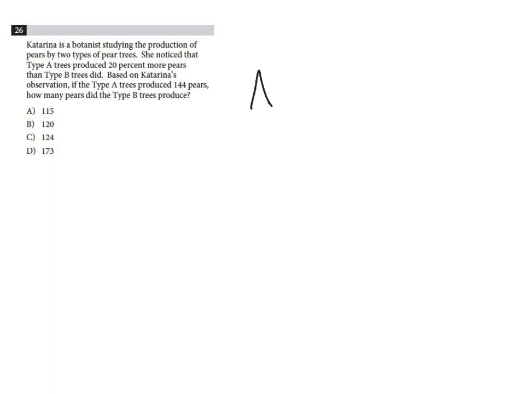So A equals B times 1.2, because this is 120%. When we convert 120% into a decimal, it becomes 1.2. So the production of A should be 1.2 times B.